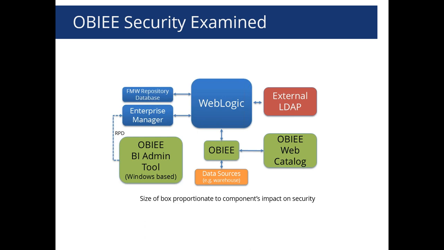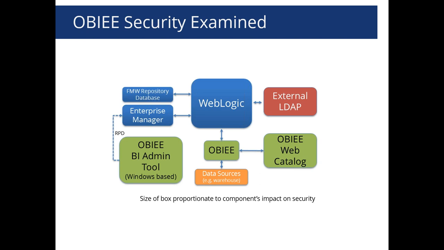Those of you who attended last week will find this slide familiar. What we are doing here is laying out the major technical components of OBIEE, and the size of the box is proportionate to the impact on security. Today we'll be looking at WebLogic and the Fusion Middleware repository up at the top.